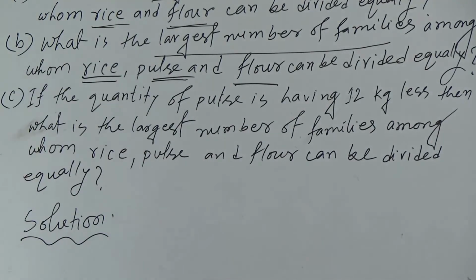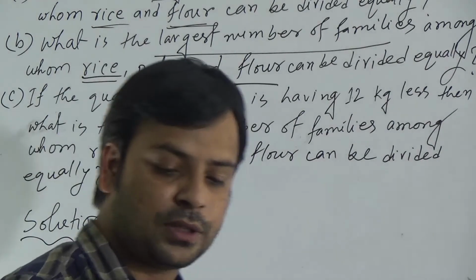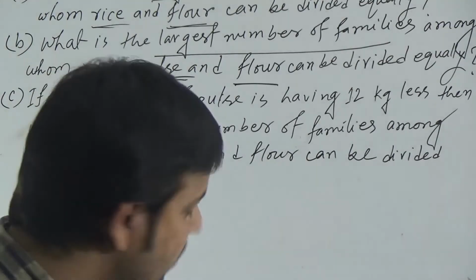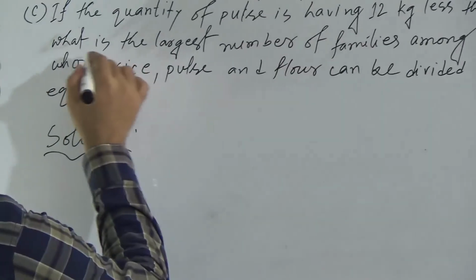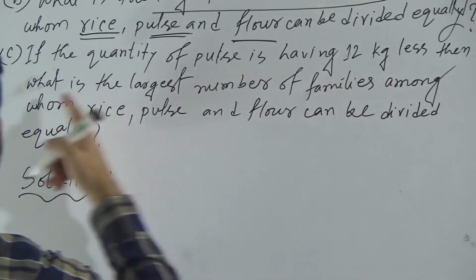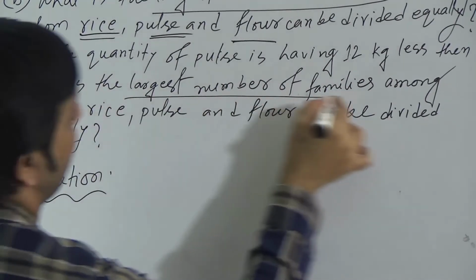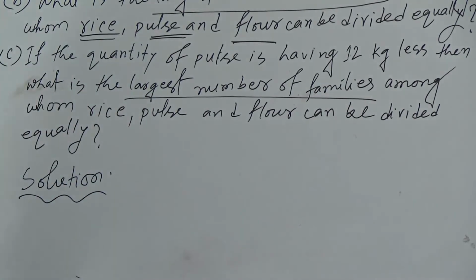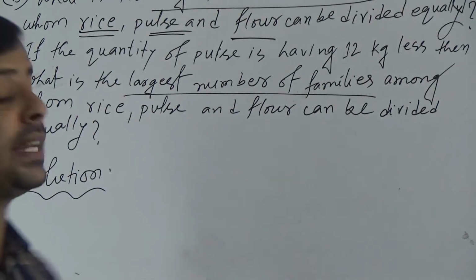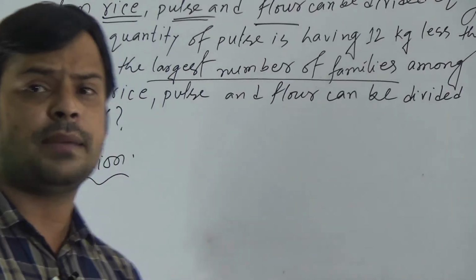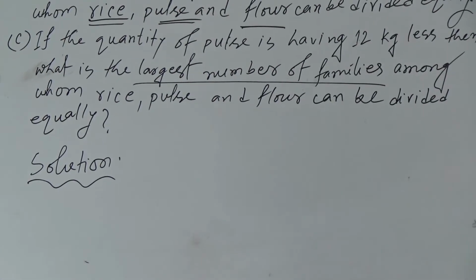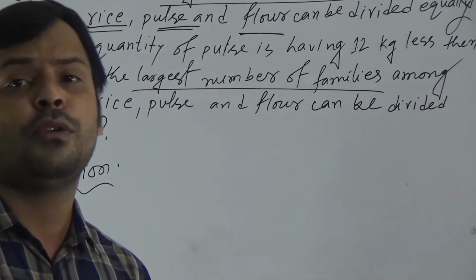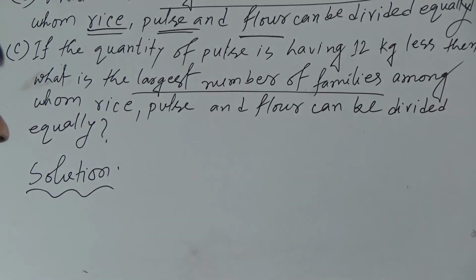We will get the quantity of pulse for question C. Then we again have to find the largest number of families, which means again we have to do the HCF. But before that we have to subtract 12 kg from 32 kg to find the amount of pulse.